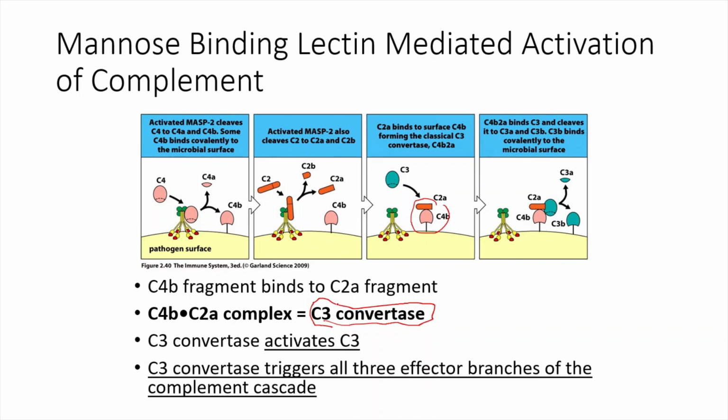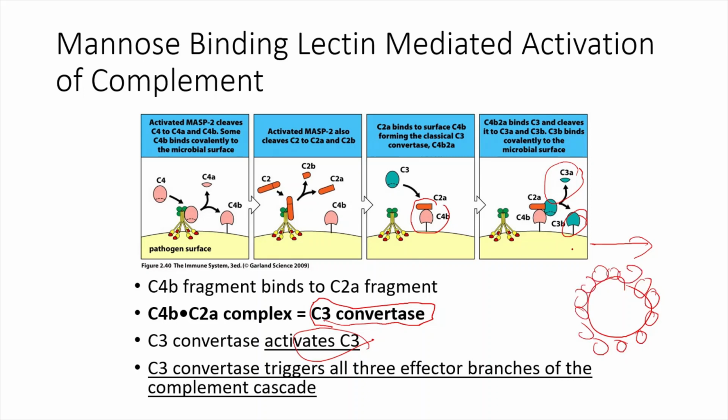C3 convertase converts C3 into activated C3. Here, activation means cutting it into two pieces, so we again have C3a and C3b, and down the road this leads to more C3b on the surface of the pathogens.